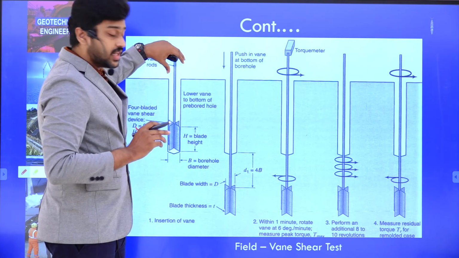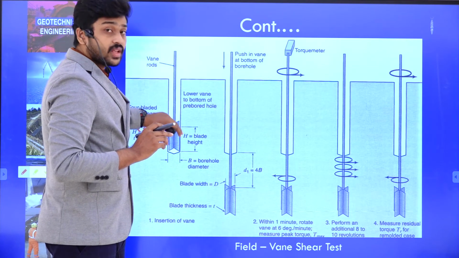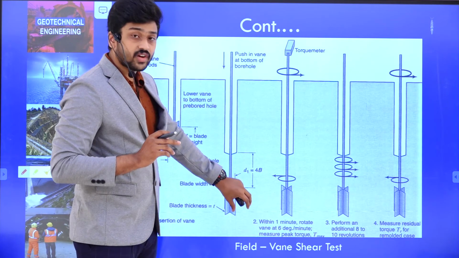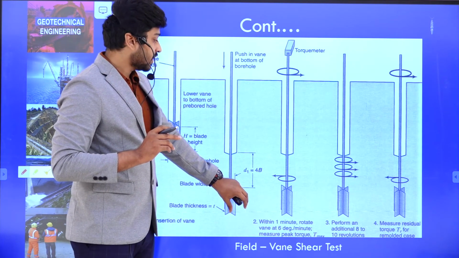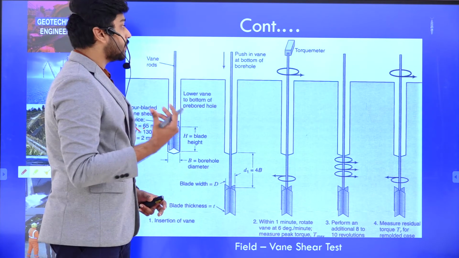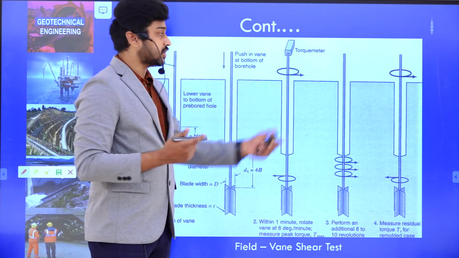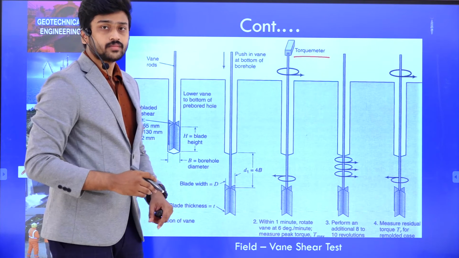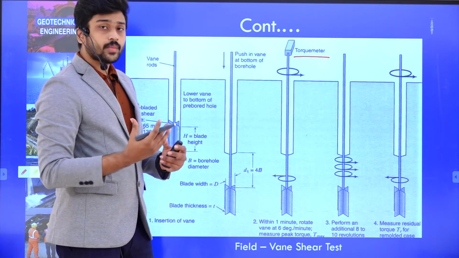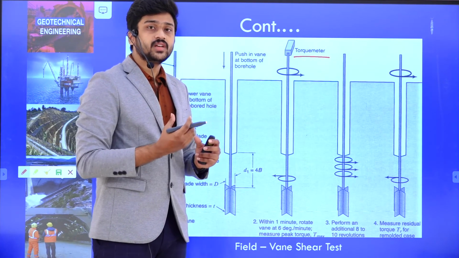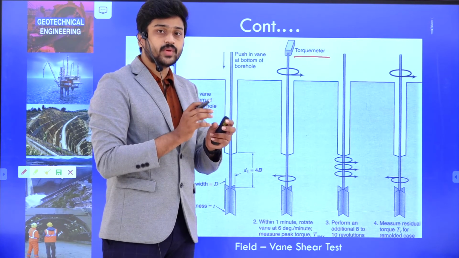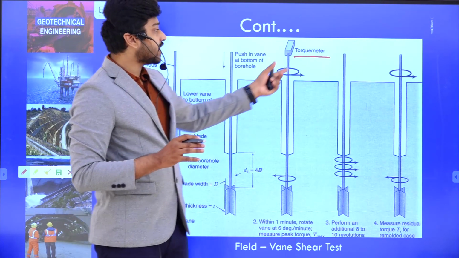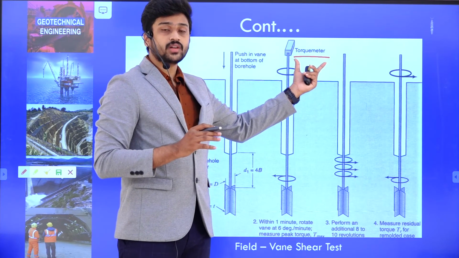It is generally penetrated into the soil, and if it has a strong shoe, it is penetrated further. Now the torque is applied using a torque meter. After some amount of time, due to this rotation, there will be some shear observed between these particular vanes in the soil. Then we have to record the readings of the torque correspondingly.